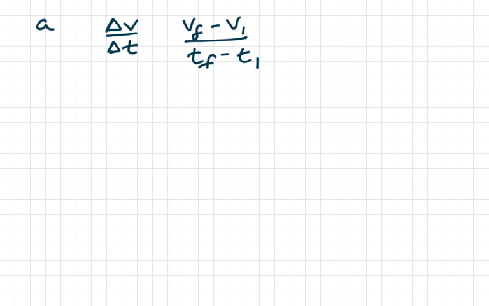Once again, if we want to know our instantaneous acceleration at any given point, we will have to take dv/dt, the derivative, and plug in our value of t that we're interested in and solve that way. All right. So that is our definition. We will most likely not be doing too many problems with changing acceleration, but we will touch on a few.